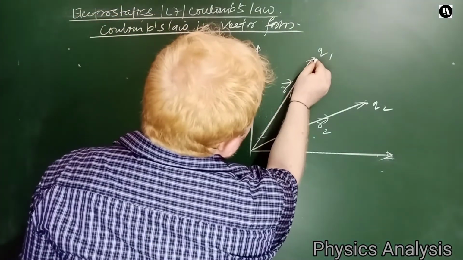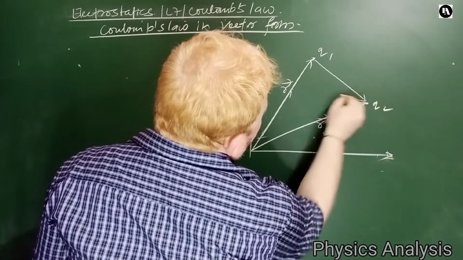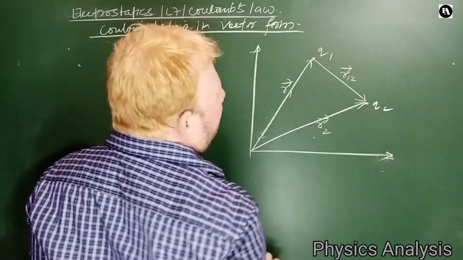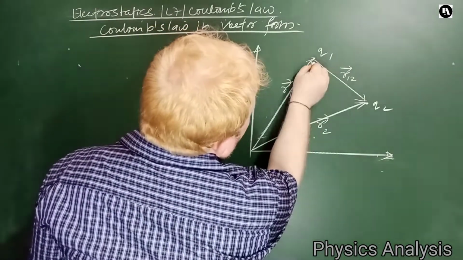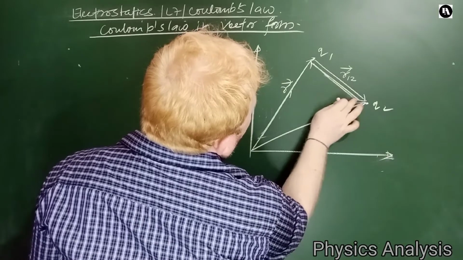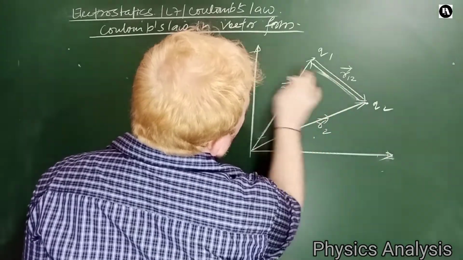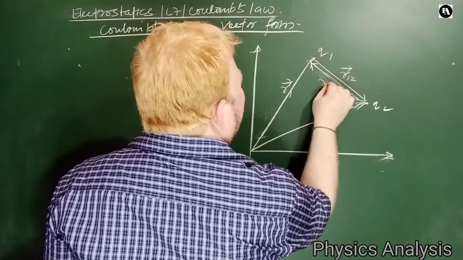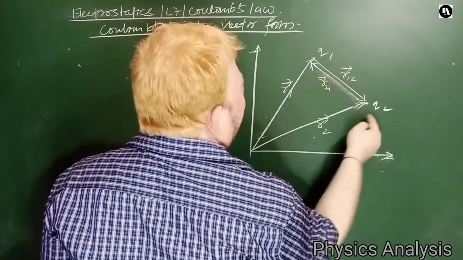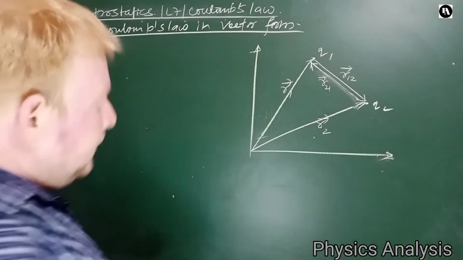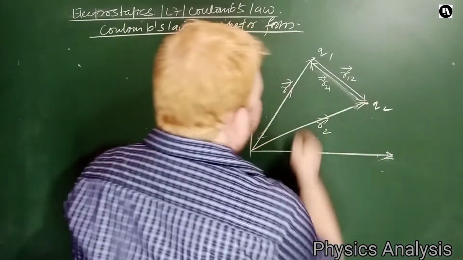And the distance between these two, if you consider R12, we go along 1 to 2, and R21 going along 2 to 1, right? Then what is the force acting on Q2 because of Q1?